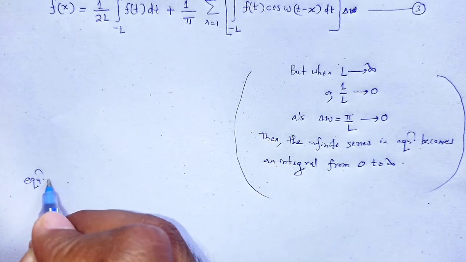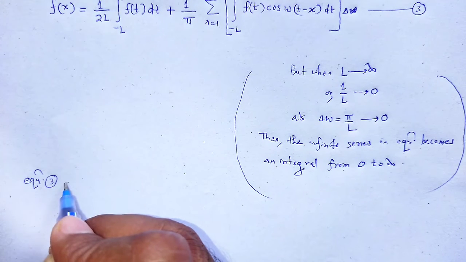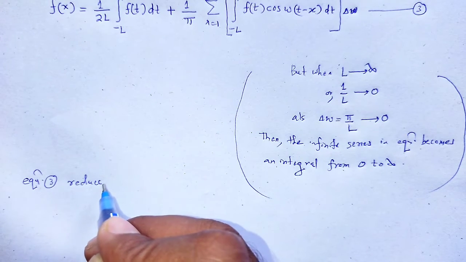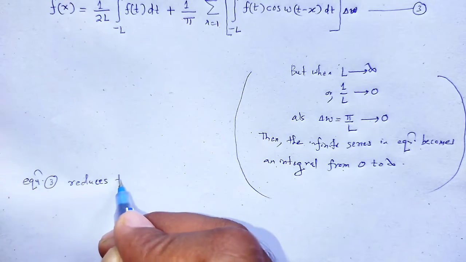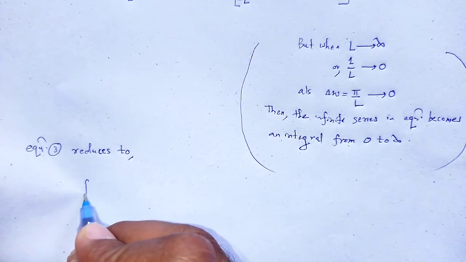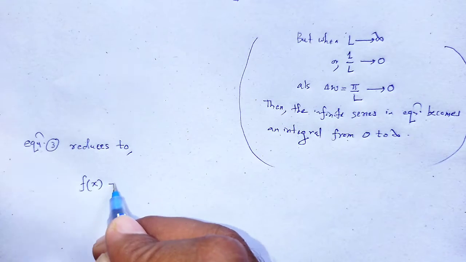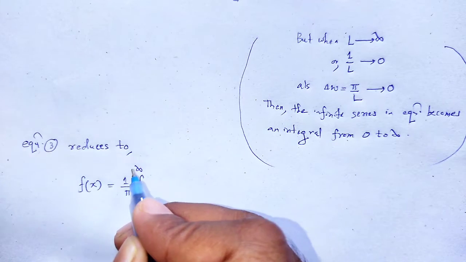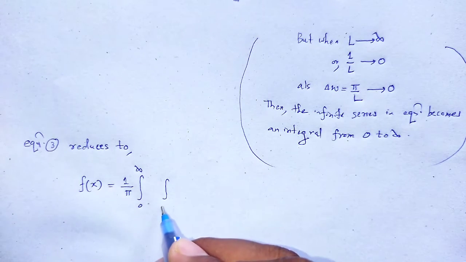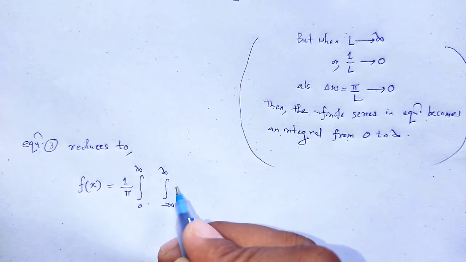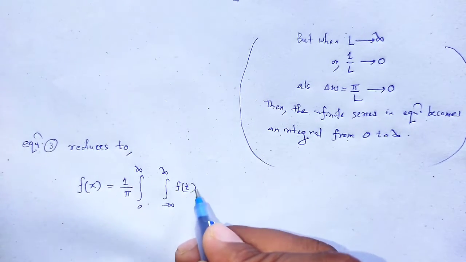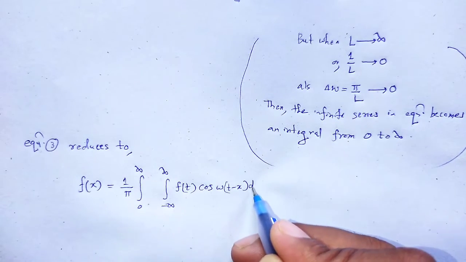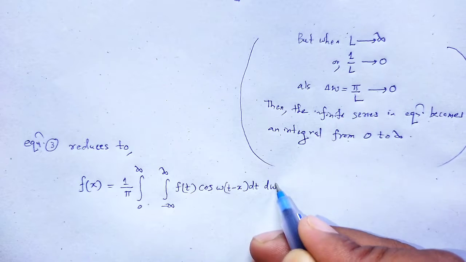Equation 3 reduces to f of x is equal to 1 by pi integration over 0 to infinity, integration over minus infinity to plus infinity, f of t cos omega t minus x dt d omega.